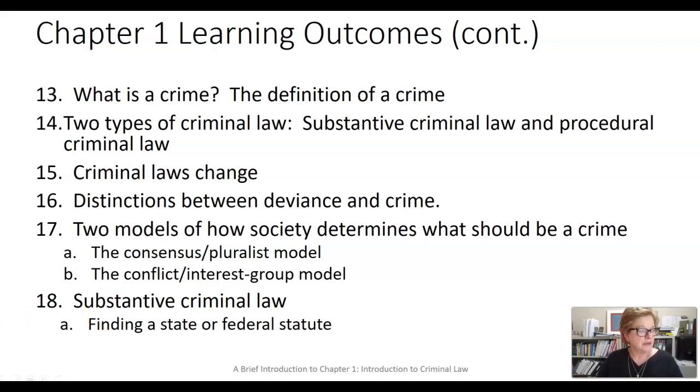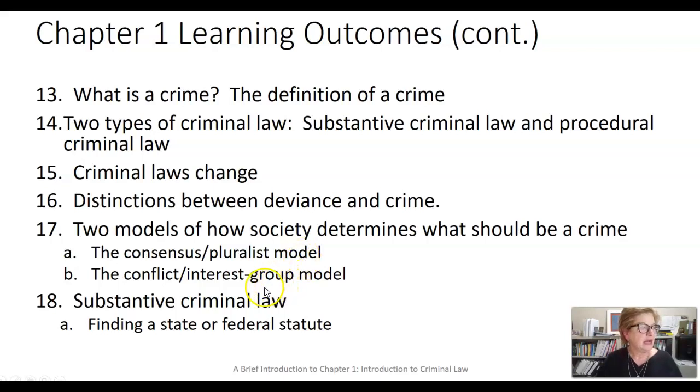We'll look at two models of how society determines what should be a crime and what should not. One is the consensus or the pluralist model. The other is the conflict or the interest group model. For those of you who have taken crime theory or criminology, you most likely are familiar with those models, and this will be a nice refresher for you, or not so nice refresher.